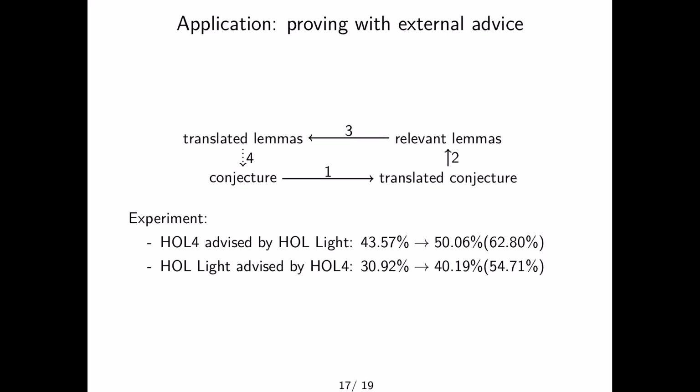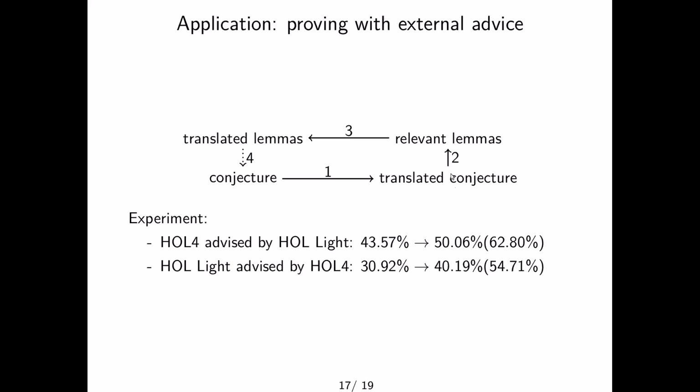The second application is really maybe what we had in mind at the beginning. You start with some conjecture and you want to prove it, but you realize this conjecture, maybe after mapping it to another library, already exists.